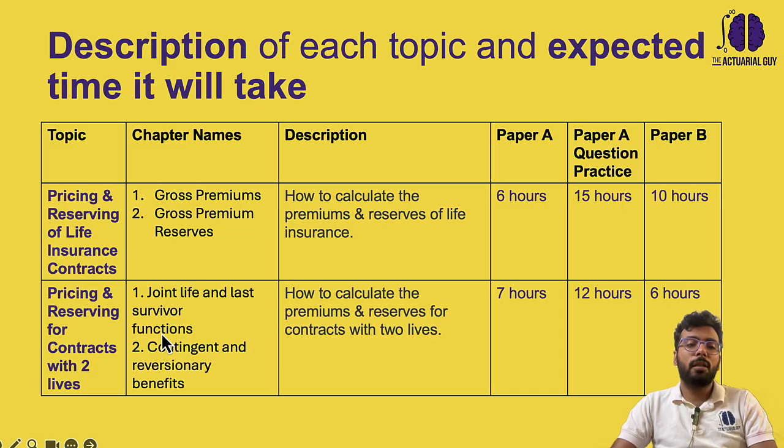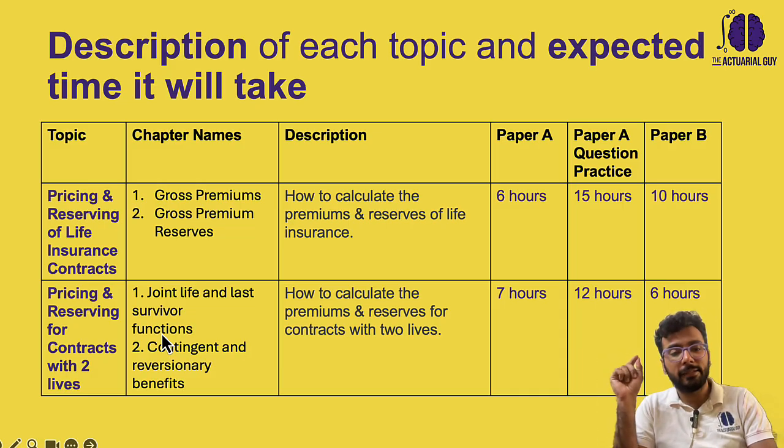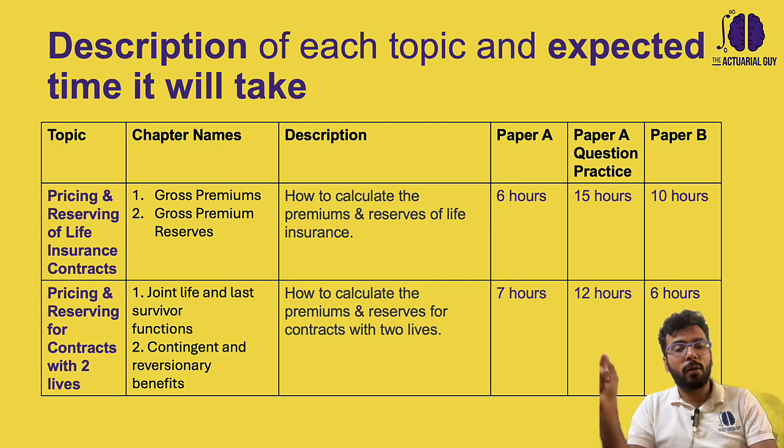The next unit is something students find slightly challenging, which is related to pricing and reserving for contracts with two lives. So there are two chapters here. One is related to joint life and last survivor contracts, and one is related to contingent and reversionary benefits.